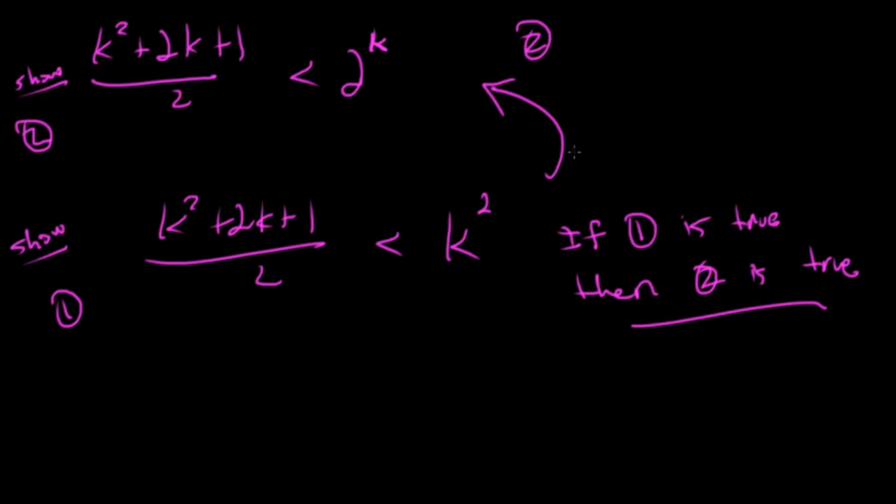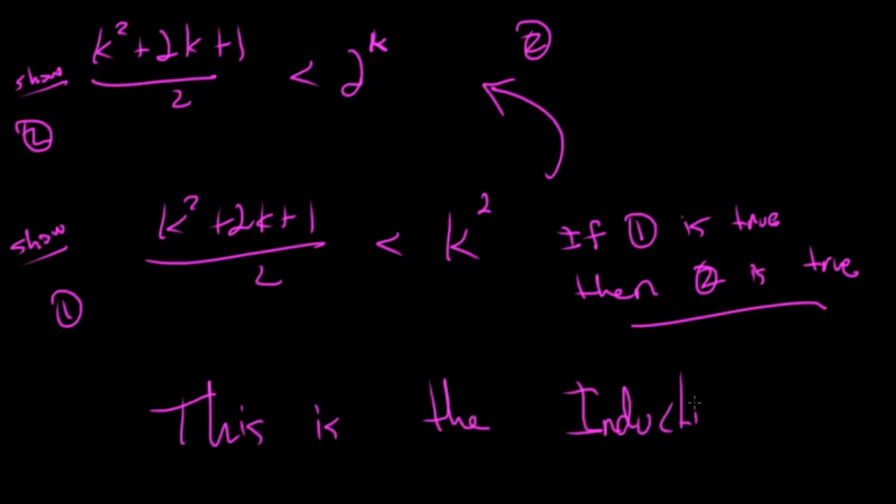This is the inductive step. This is the inductive hypothesis. We assumed that k squared is in fact less than 2 to the k for numbers larger than 5.